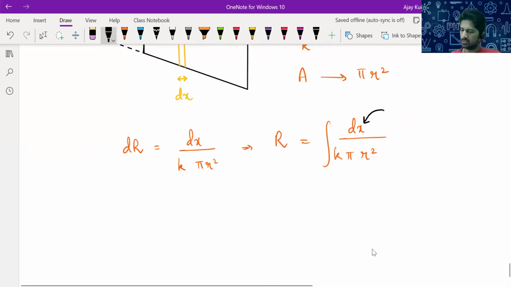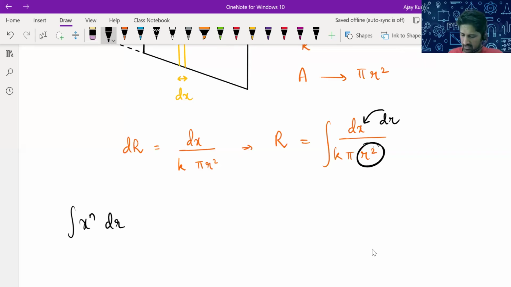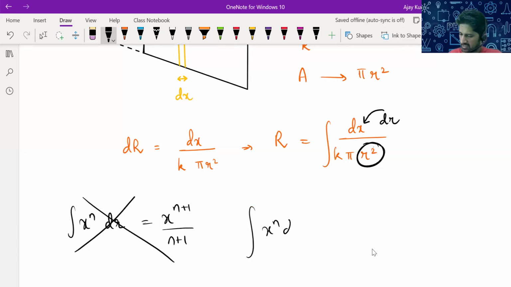So if small r is the variable, then integration will have to be in terms of dr, not in terms of dx. You can't say integral x power n dr is x power n plus 1 by n plus 1. That is wrong. Integral x power n dx is x power n plus 1 by n plus 1. So the variable in terms of which the function is written and the variable with respect to which you are integrating should be the same.